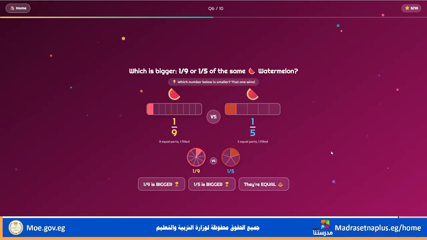If you like watermelon, you will get 1/5. 1/5 is bigger. You can see ninth is a small part, but this one is bigger than 1/9. Look down inside, you can see ninth is small, fifth is bigger. Yes, fifth is bigger. I like to get 1/5.